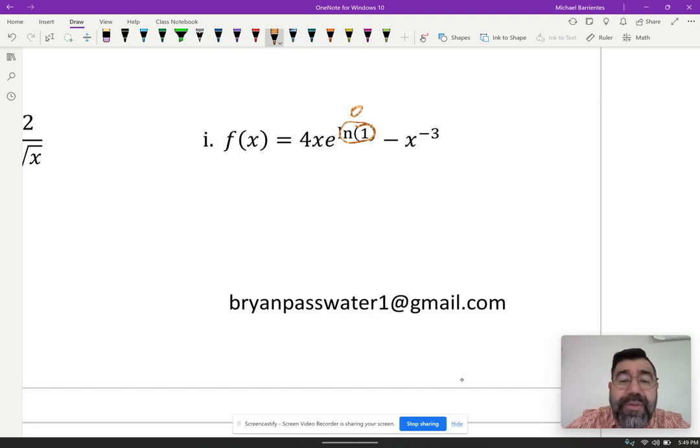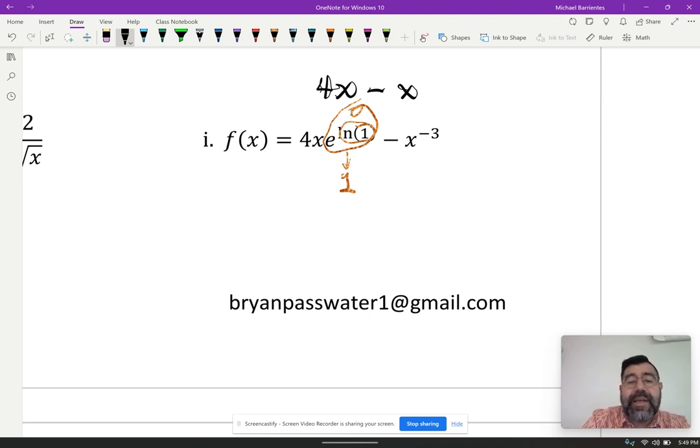So this whole thing turns out to be just 1. Times 4x, that means all of this is really just 4x minus x to the -3, right? So even though it looks all complicated, maybe it does, maybe it doesn't to you, I don't know. But that is just 4x.